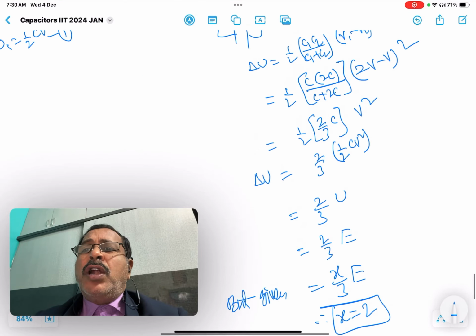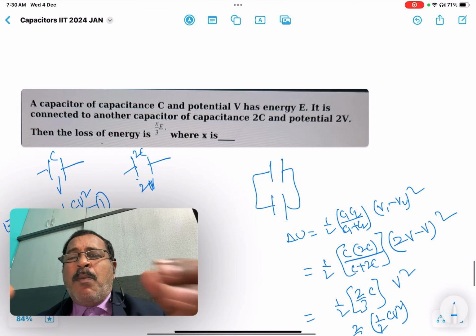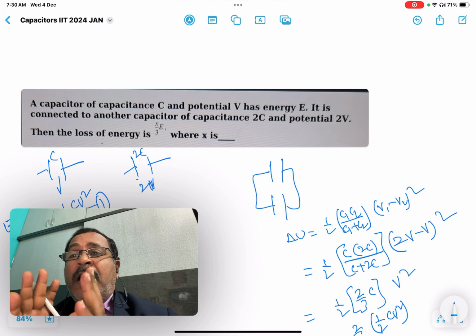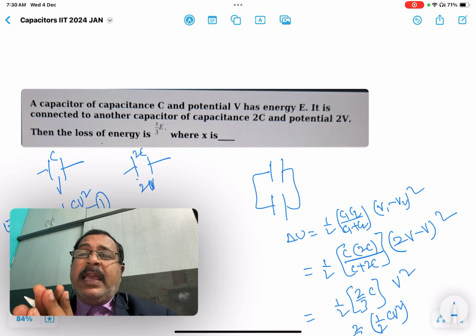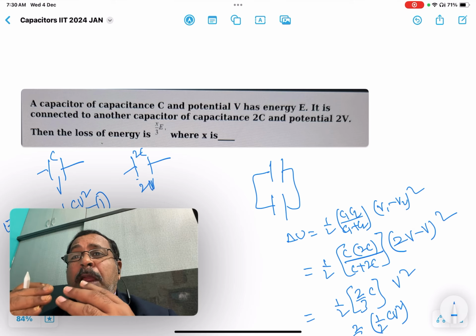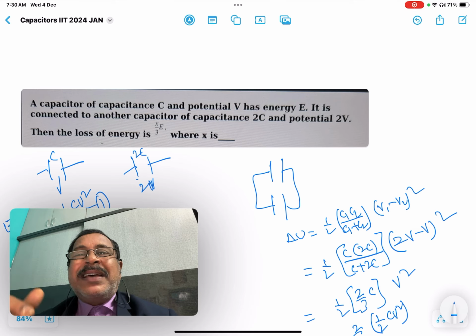If you want more and more details, more concepts from each and every chapter like this, 1.5 months are there, 45 days before the phase 1 entrance examination in the month of January 2025. In 2025, what type of problems is the exam expecting? Those are gunshot concepts and gunshot problems.